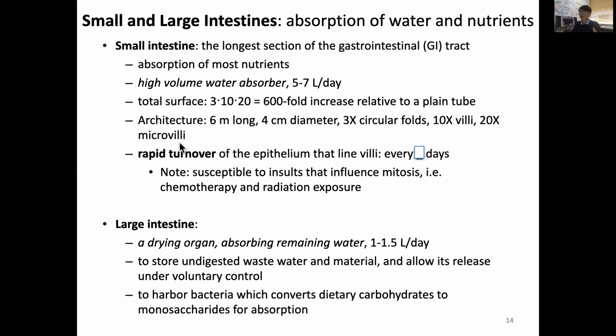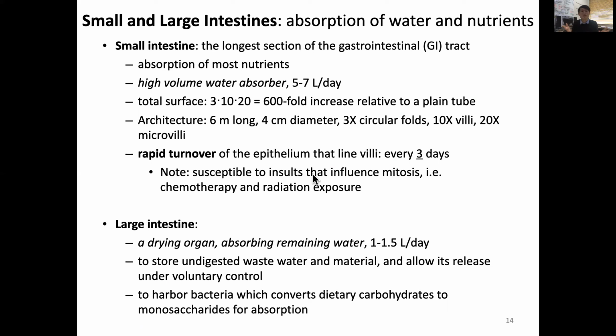So it has a relatively rapid turnover in the epithelium which lines the villi. Do you know how often they actually change or slough off? It's every 3 days. Because of this, it's also susceptible to anything that influences mitosis.